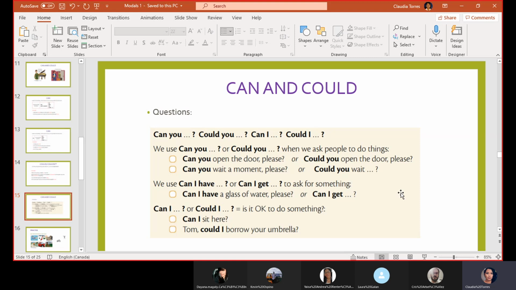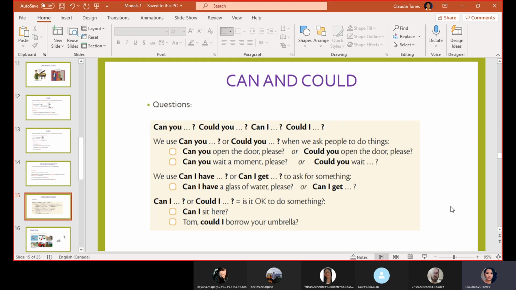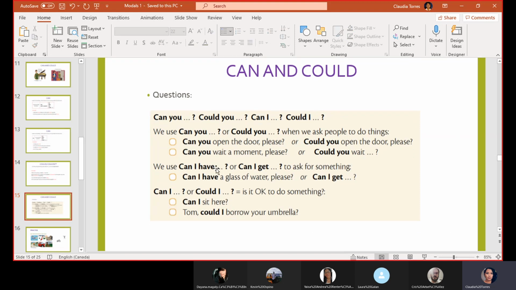Can I get a cup of coffee? And the last one is when you ask for permission. Remember, for all of this, could is more formal. Any questions about this?